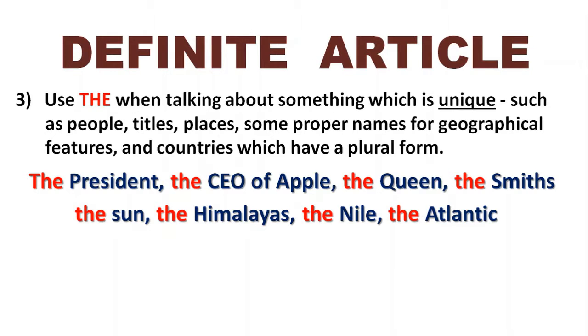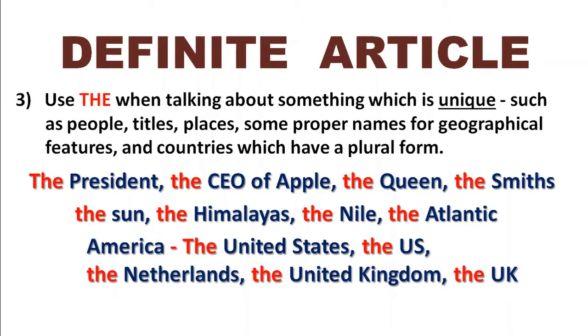And then we mentioned the thing about countries. Most countries, we'll see this later on, we don't use the definite article, so we just say Germany or France or Italy. But with some of them, where they have a plural form, we do use the definite article the. So for example, you might say, I'm going to America. That's one way of doing it.